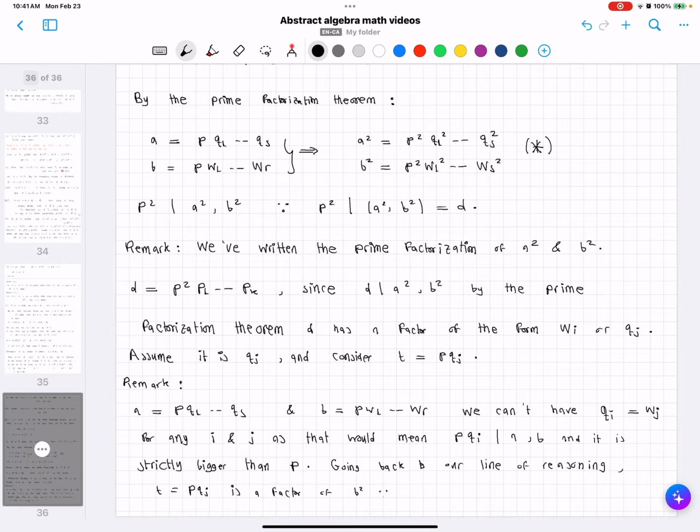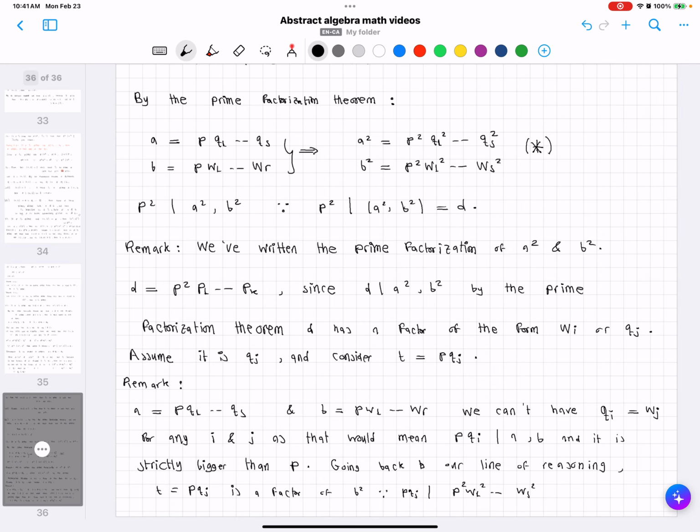So that means that P times Qj divides P squared times W1 squared, all the way to WS squared.